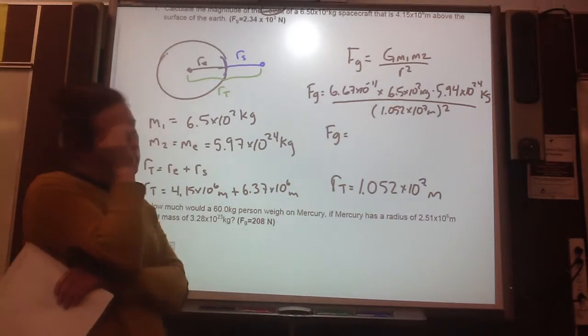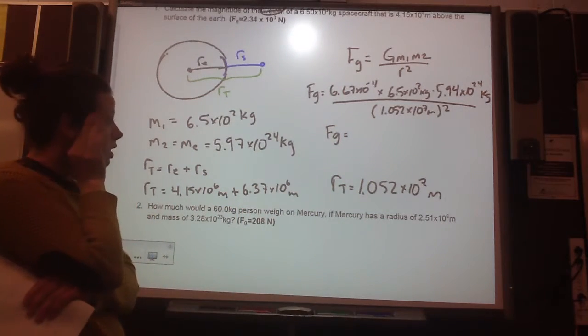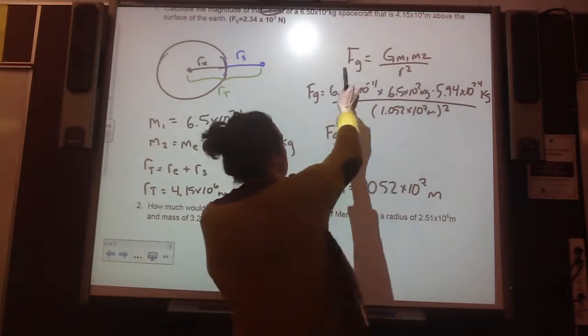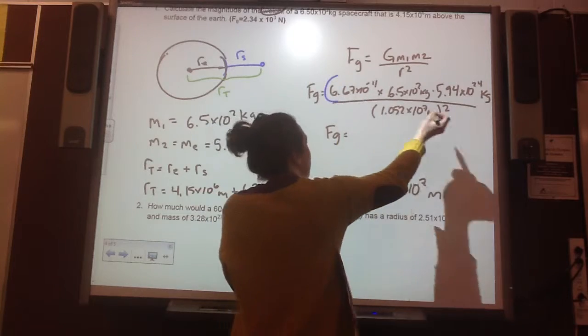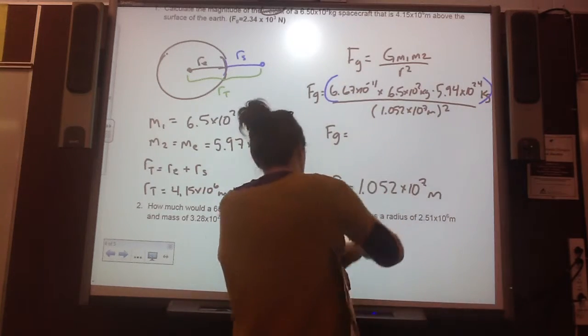Now, if you're putting this all into your calculator at once, I would recommend that you put everything on the top of your fraction into brackets, divided by your bottom.